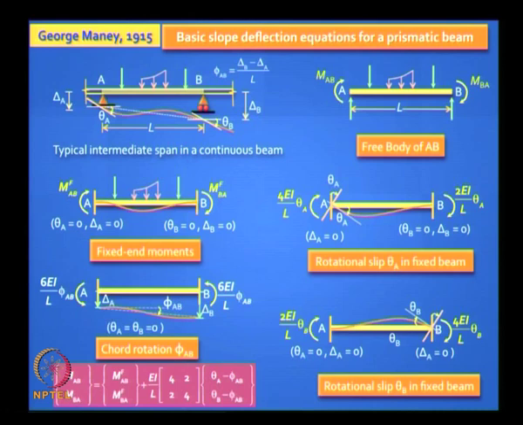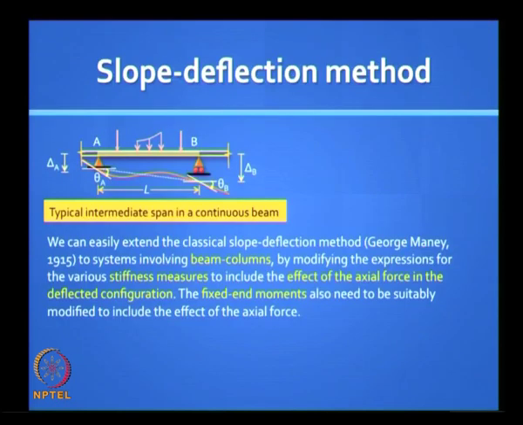The slopes are theta A and theta B for that element, and the deflections are delta A and delta B, but we know that what is of relevance is not the absolute values of delta A and delta B, but the chord rotation, which is phi equal to (delta B minus delta A) divided by L. What we are interested in is to understand how these slope deflection equations get affected when you have an axial force. Okay, so we did this in the last class.